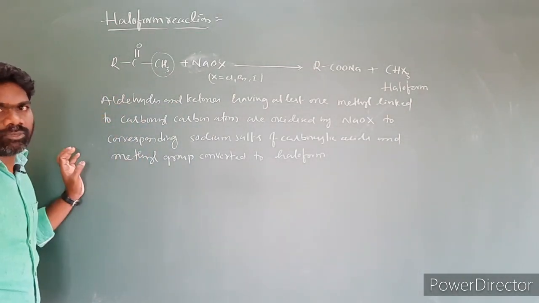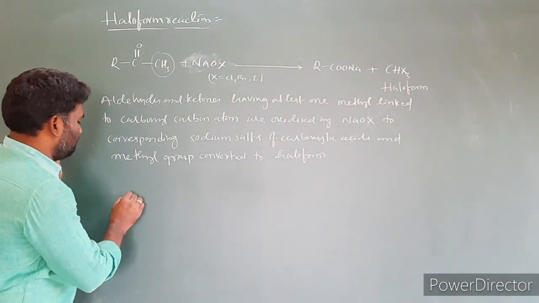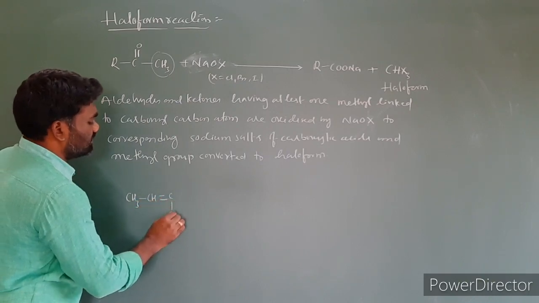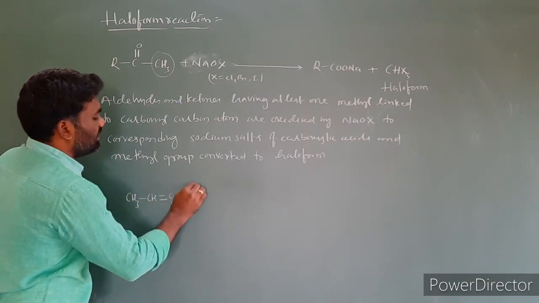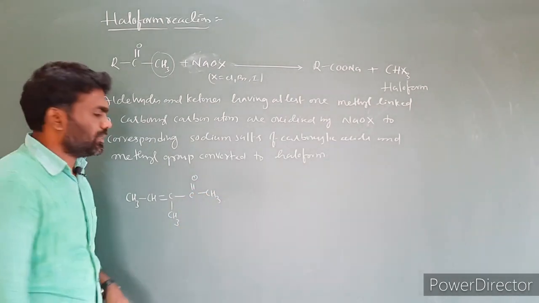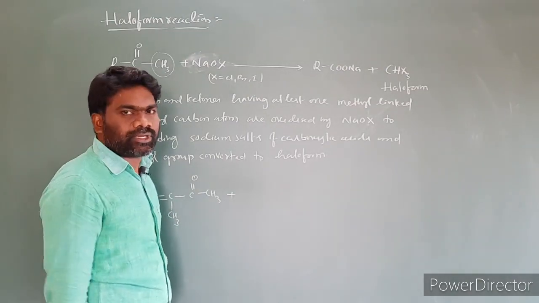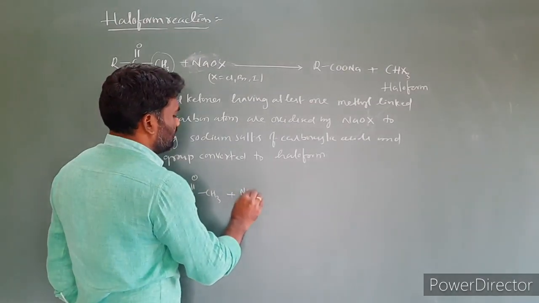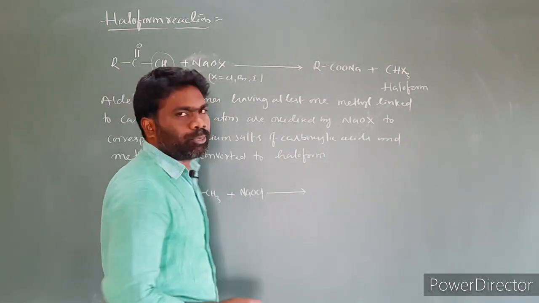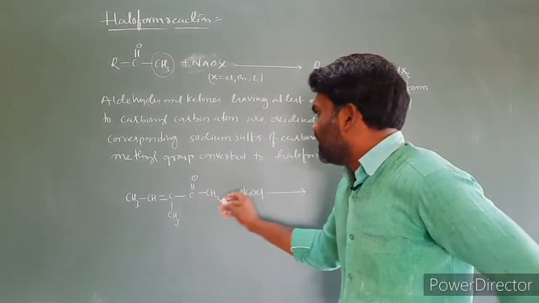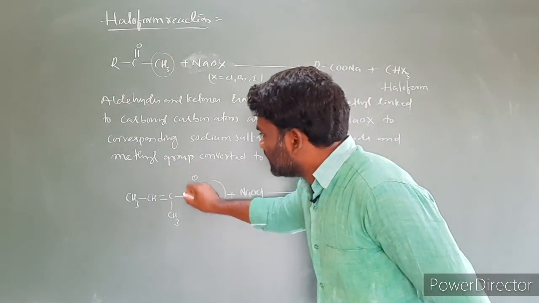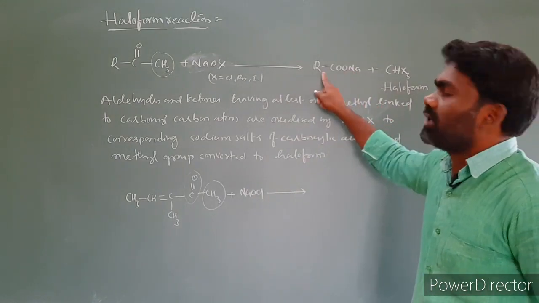We'll take one more example for better understanding. I'm taking CH3 CH(CH3) C double bond O CH3. This is the example I took. Then we treat it with NaOCl. What is the product we can expect? The methyl part is converted into haloform, and the other part converts into the sodium salt of carboxylic acid.